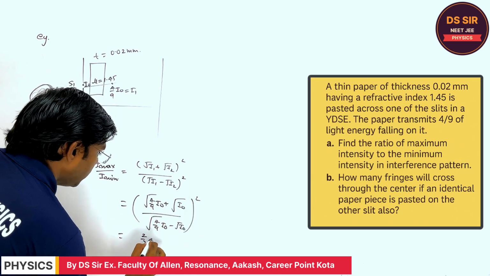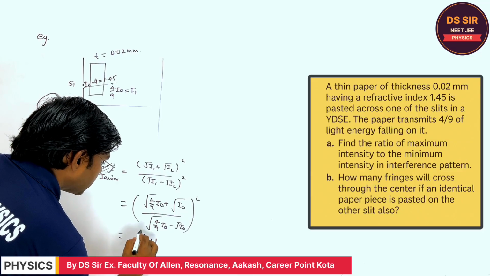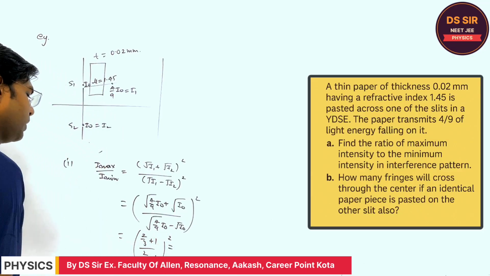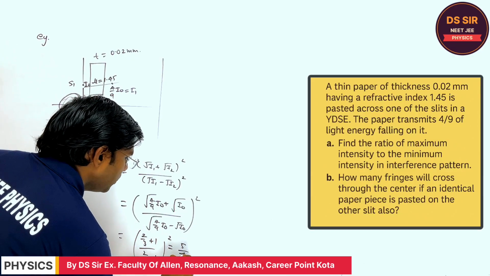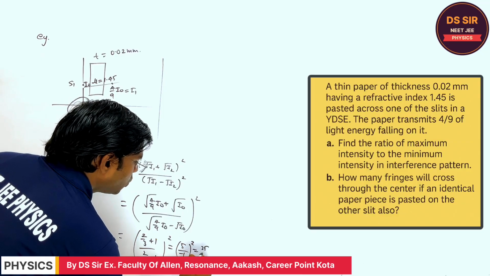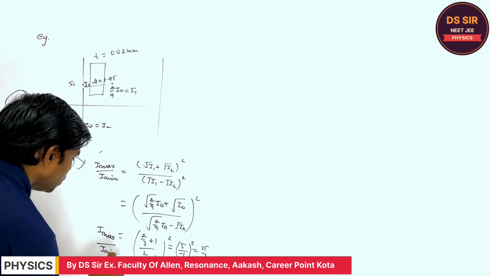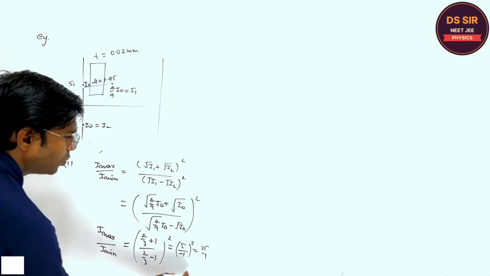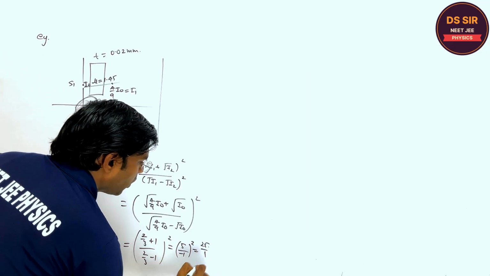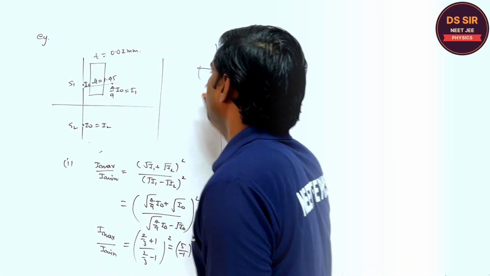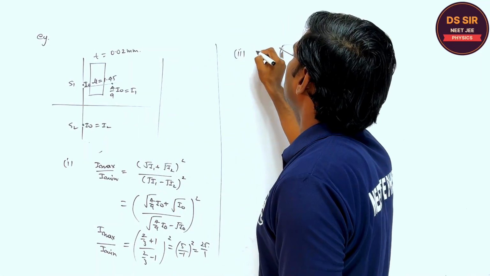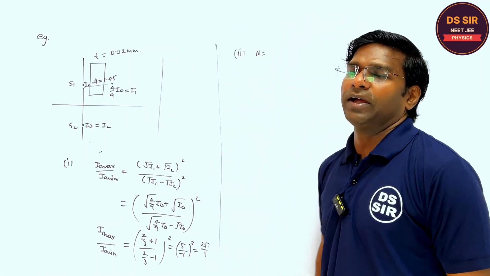It is (2/3 plus 1) over (2/3 minus 1) whole square. So it is (5/3)/(1/3) whole square, which is 25. So the Imax upon Imin ratio is 25/1. Copy this. In the second part, you have to find the number of fringes shifted.